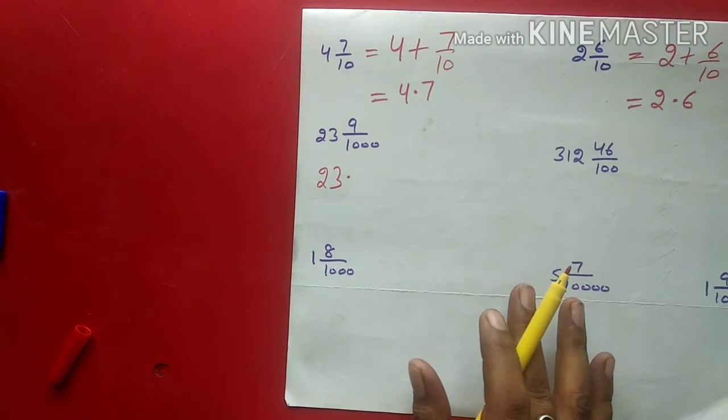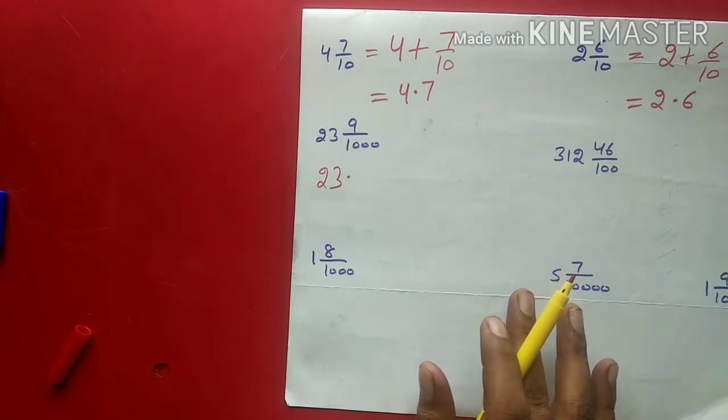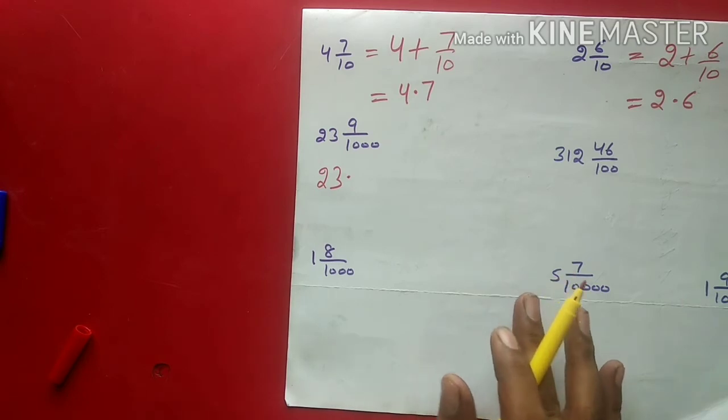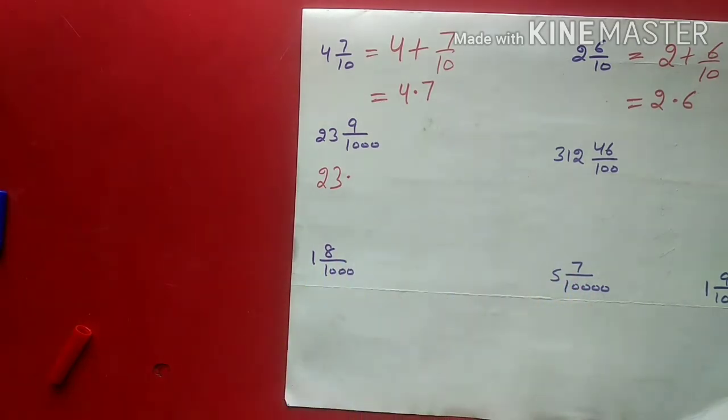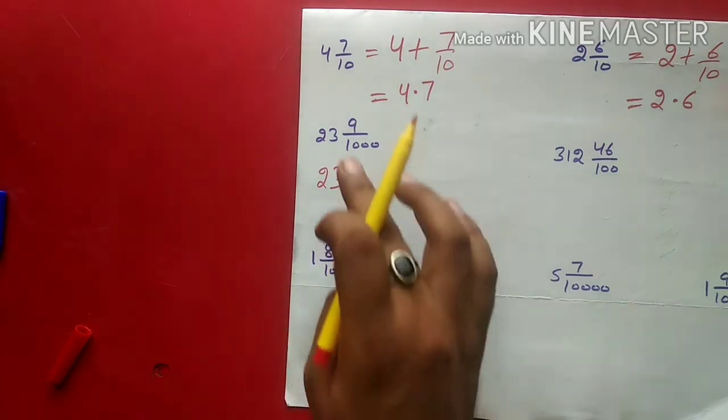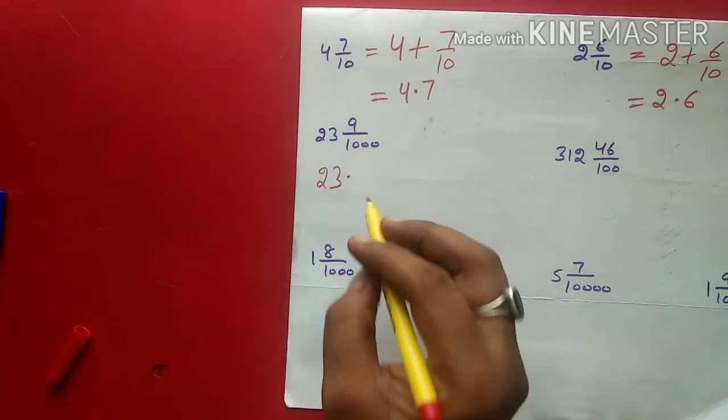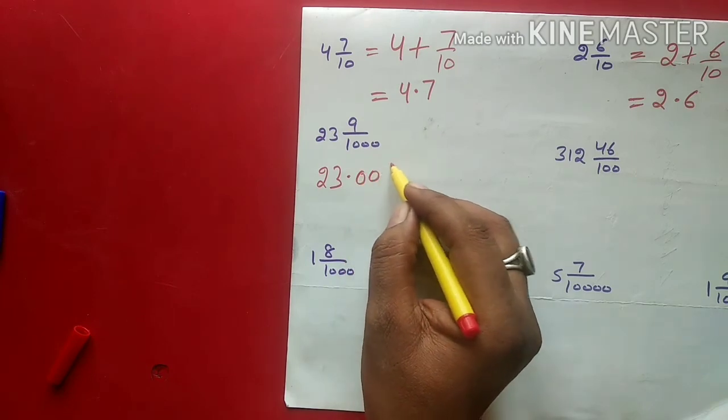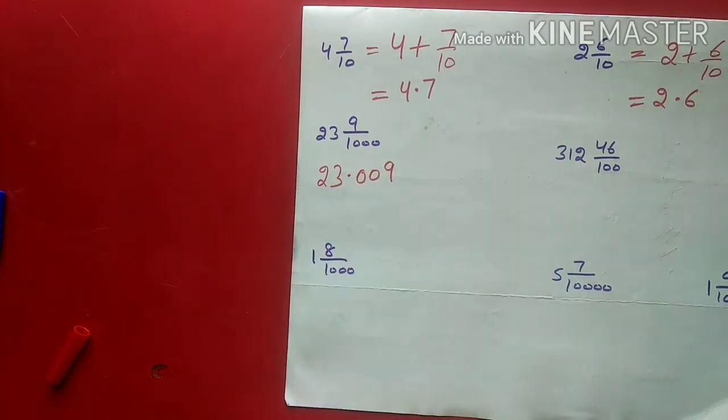So you know how many zeros are there in 1000? 3 zeros are there. Okay, so after decimal you will write 3 digits, but in the numerator there is only one digit, so you will add 2 zeros at your end to write the exact decimal numbers. Okay students, this is the answer.